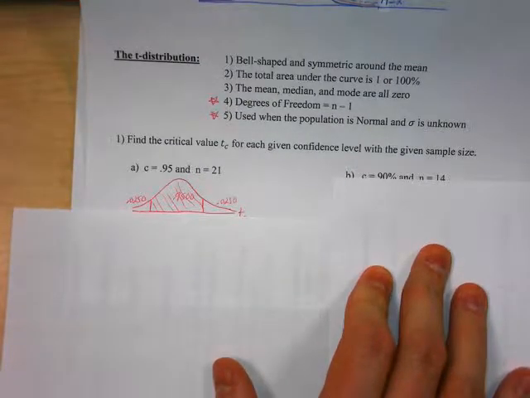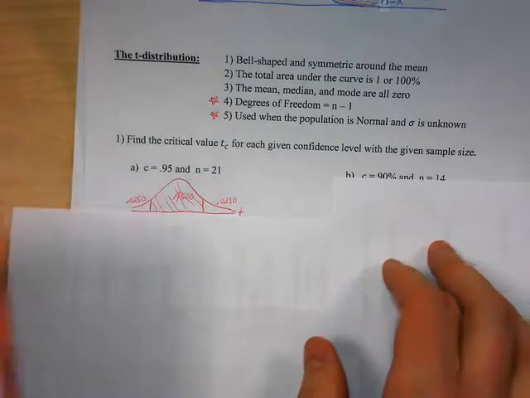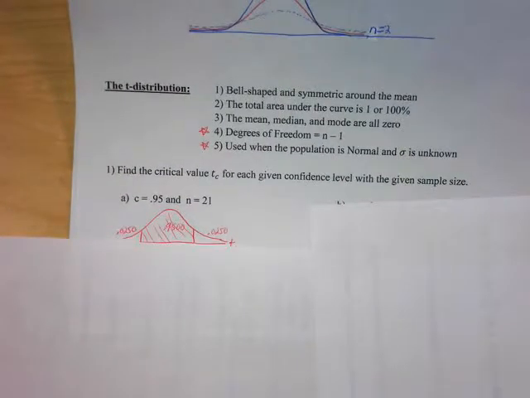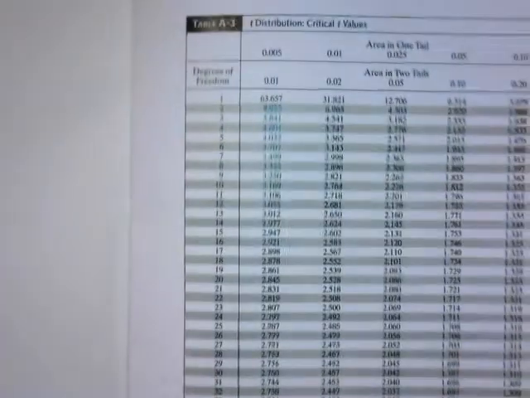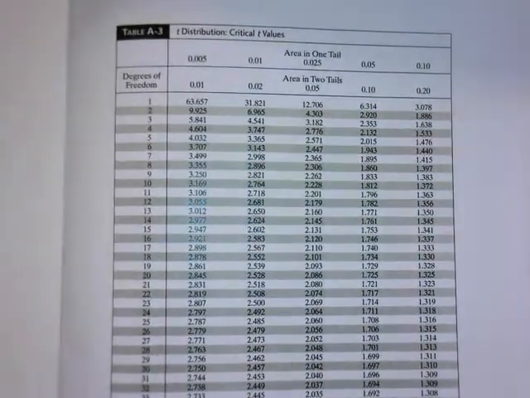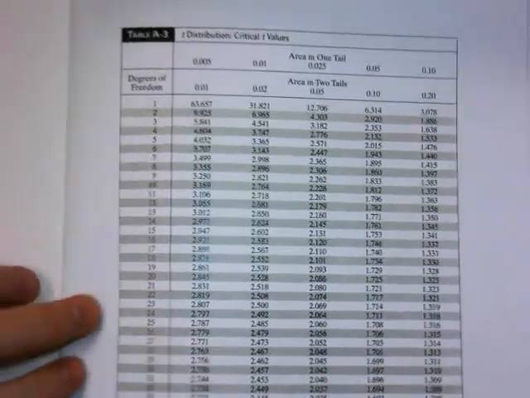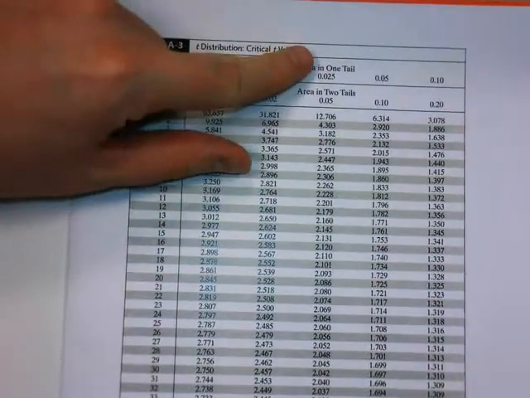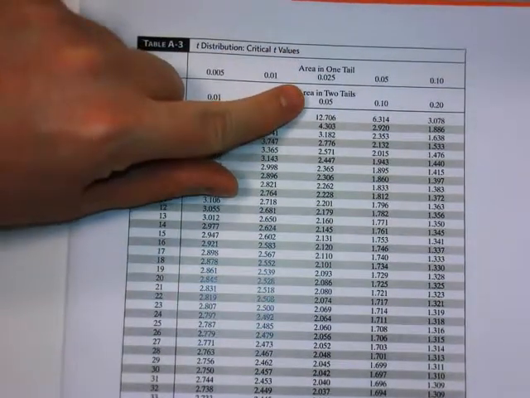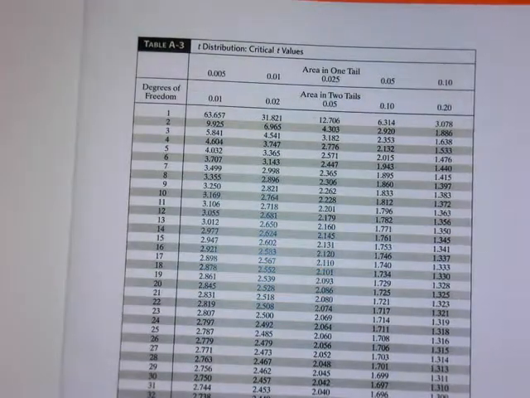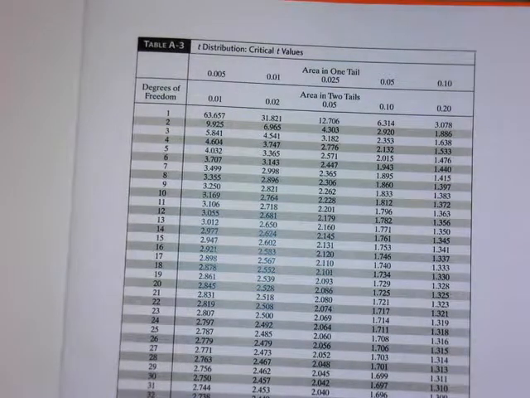Okay, so what we do is we go to our table A3 in our book. Now, the math name of it is not table A3, but we go to the distribution for critical t values. This table is a little different than the z's. You notice how it says area in one tail and area in two tails. Well, we had 95% in the middle, which meant we had 5% left over to split between the two tails.